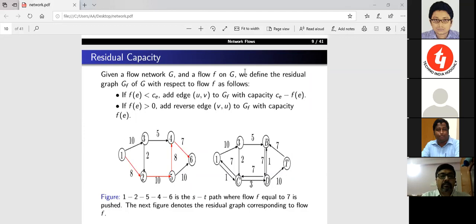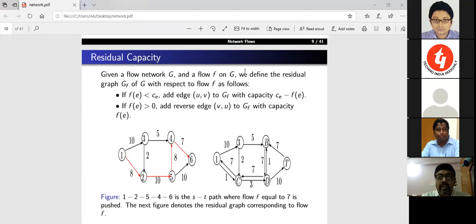Okay, 1 3 5 6 is not a path, because from 3 to 5 there is no edge, either from 3 to 5 or 5 to 3. 1 3 4 5 6 is a weak path. 1 3 4 6 is a strong path. A strong path is also a weak path.